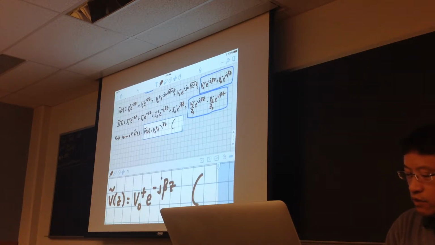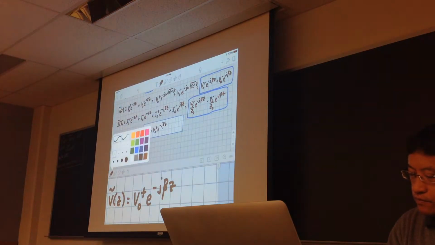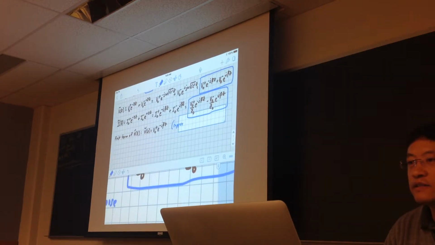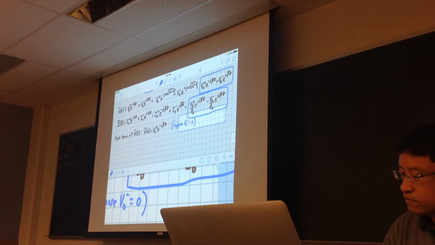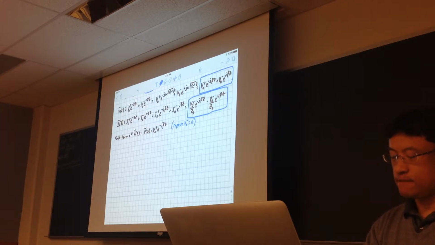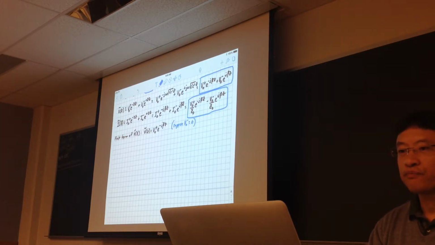Here we're going to suppose that V0 minus is equal to 0, and we can just isolate that one term.